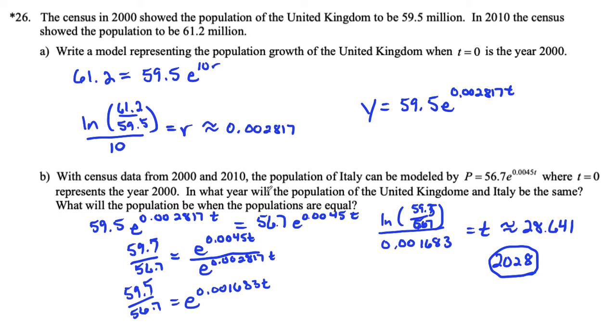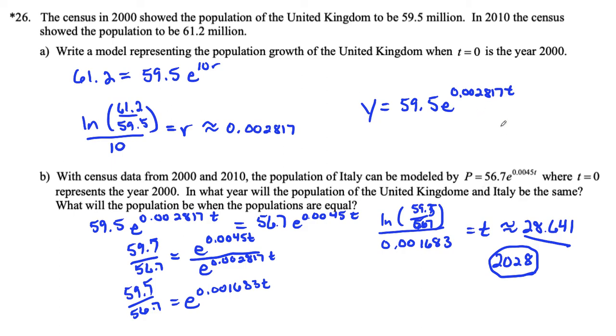Then they ask, what will the population be when the populations are equal? Well, I'm going to take this value for t, and I can plug it into either model: either what you found in part A, plug 28.641 in for t, or the equation they gave us for Italy, because they're going to be the same at that point.